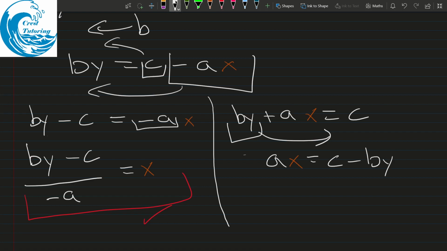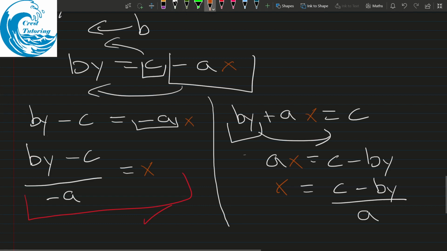And then our last step, we're going to bring across the a: x equals (c minus by) all over a. So there are the answers. They're both the same answer. They're both correct.